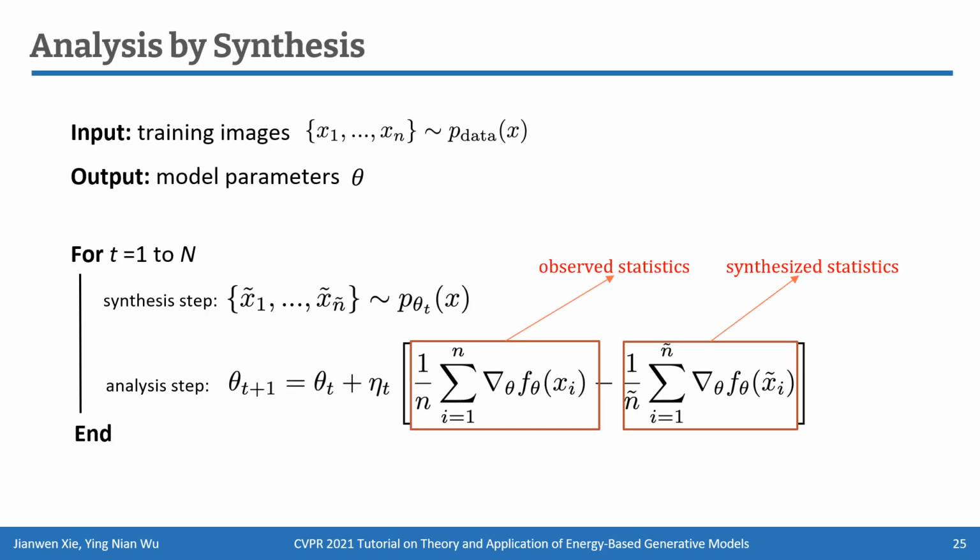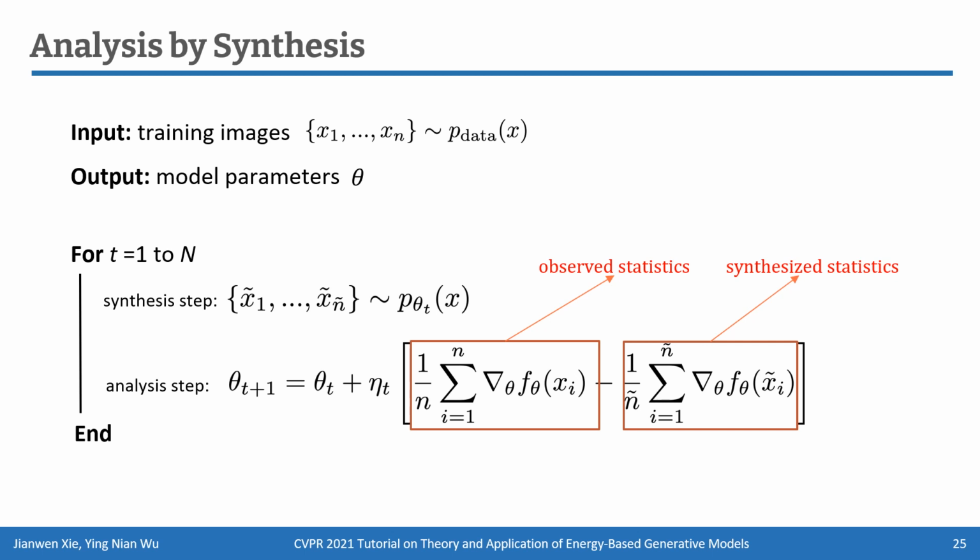This is a full description of the MCMC-based MLE algorithm for energy-based generative models. At each iteration, we first sample synthesized examples from the learned distribution by MCMC, and then use the training data and the synthesized data to compute the gradient of the log likelihood, such that the model parameters can be updated by a gradient-based learning algorithm.